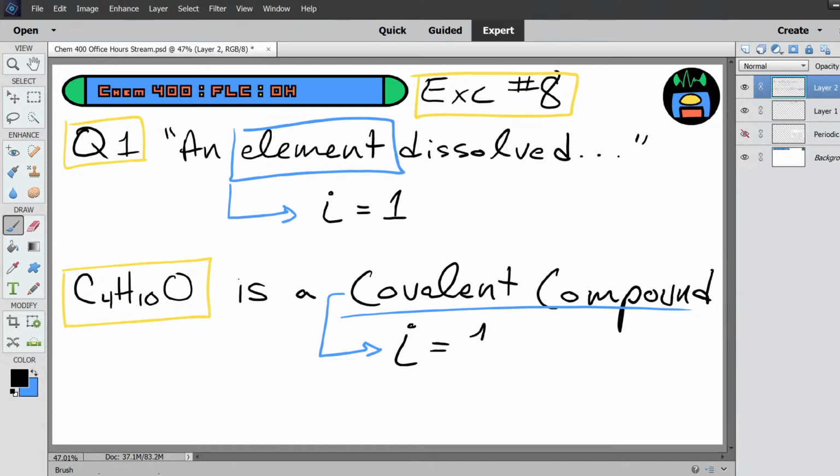So the Van Hoff factor will also be 1. Again, acids are a special type of covalent compound that do ionize, but other than that, anytime you're dealing with a covalent compound, your Van Hoff factor will be 1.